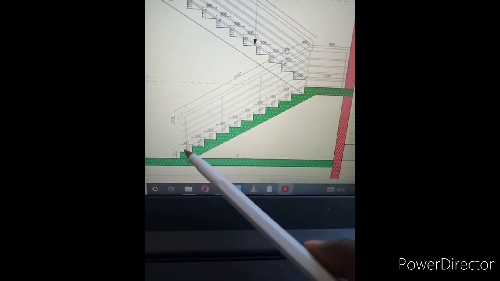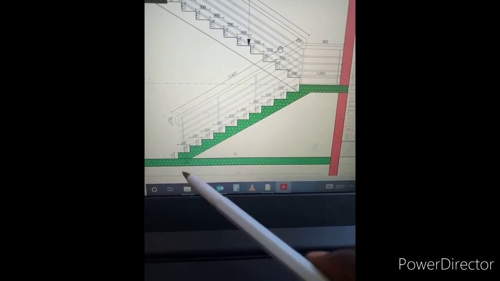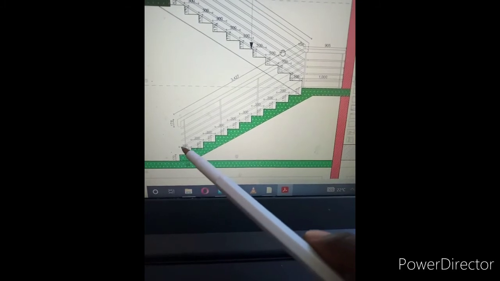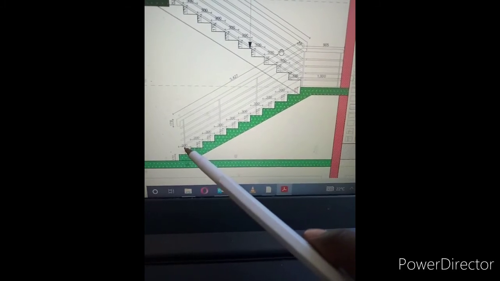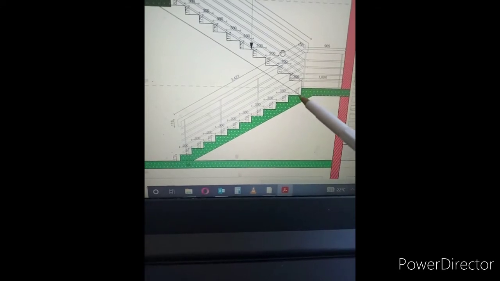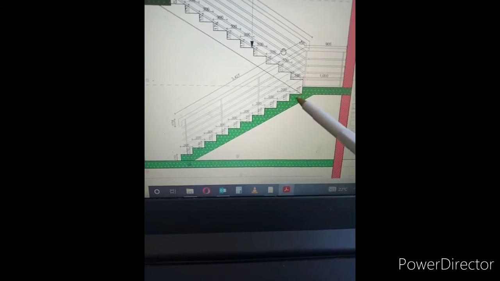For us to get the horizontal distance, if the staircase is like this one without the overall measurement, you just multiply this 300 times the number of stairs up to the point where it will start or end.